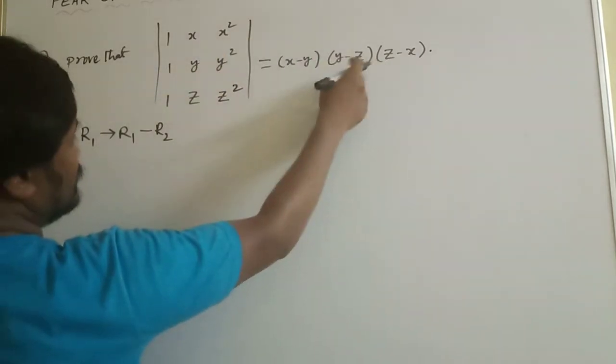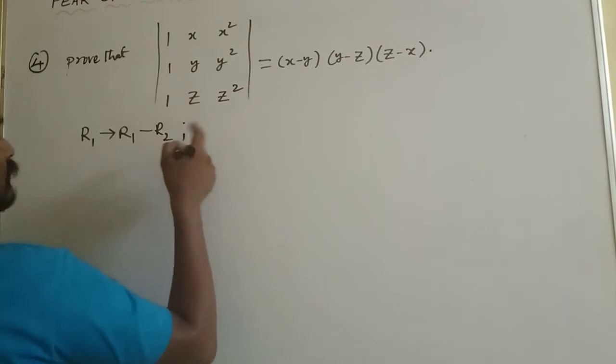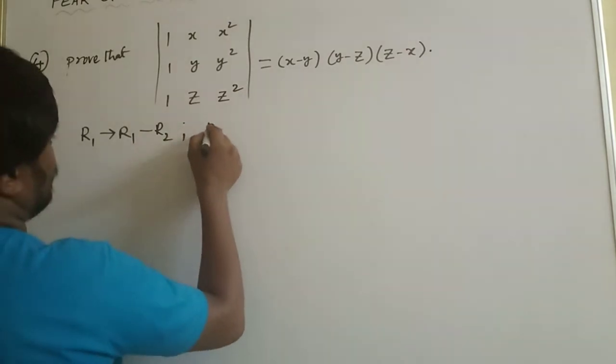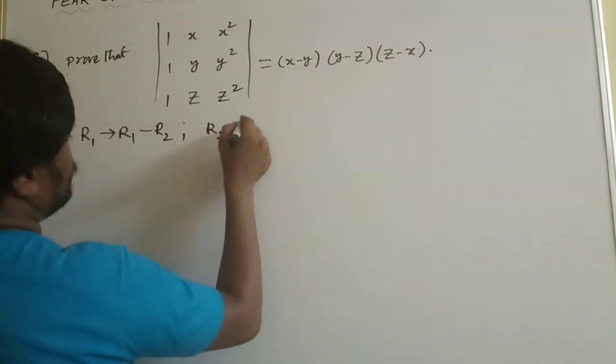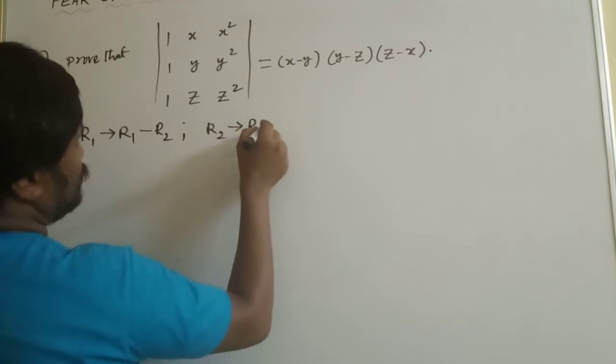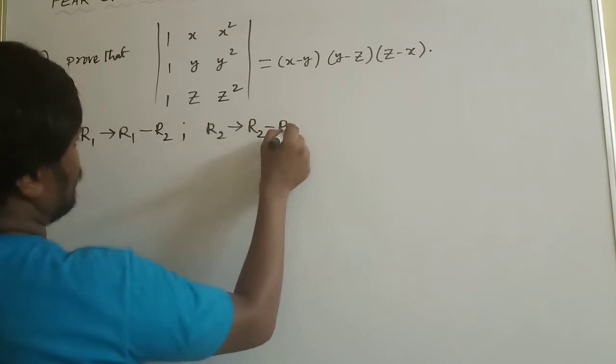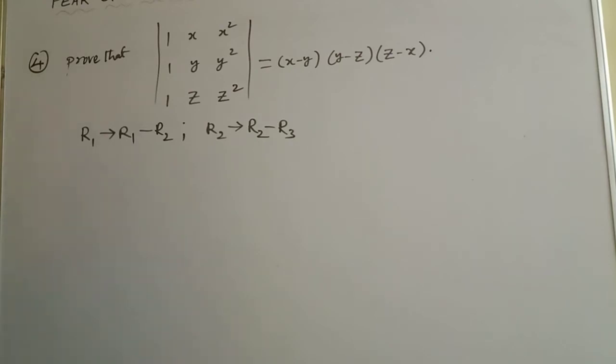Same method, these two also I want. So only 2 it is possible, so then R2 tends to R2 minus R3. Let me check now how it is using these operations.